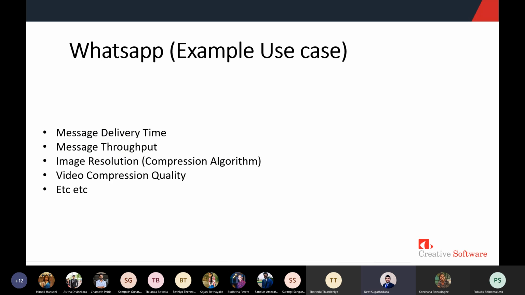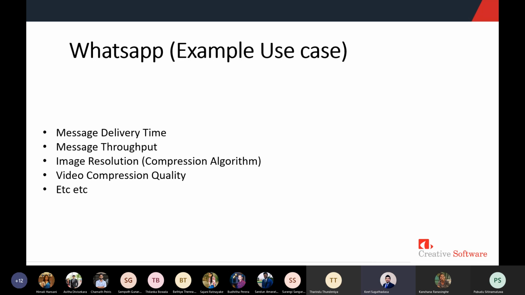I'll just take a couple of minutes to come up with an example use case so that people will understand. WhatsApp is an application that we all use. Now you know that an application like WhatsApp is completely free. But if someone asks you, oh, you are the developer, or you are the reliability engineer working for WhatsApp, how can you make sure that WhatsApp is working as expected, or that it is working to satisfy the customers?